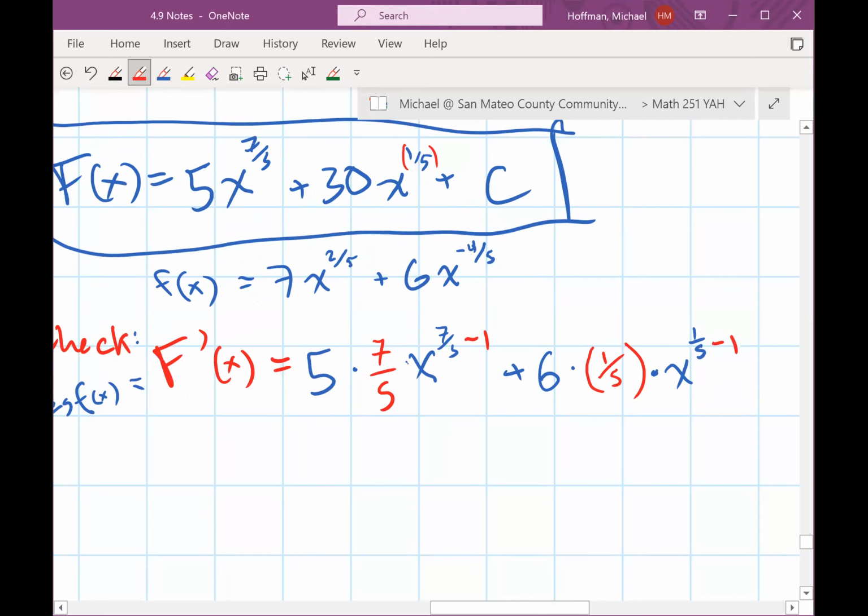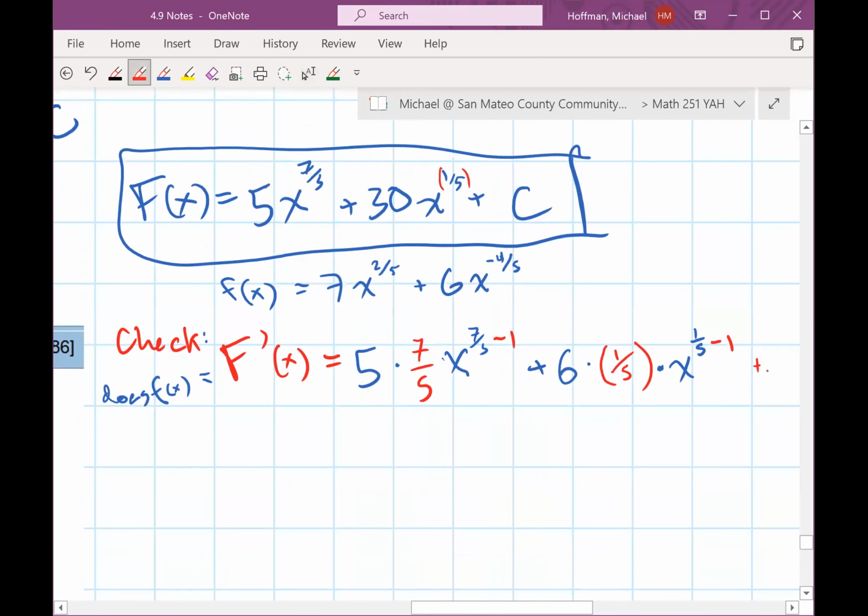Okay, and our constant c would be 0. So I'm going to put a plus 0 just to remind us. And also, I made a mistake because my answer here had a 30 here, not a 6.